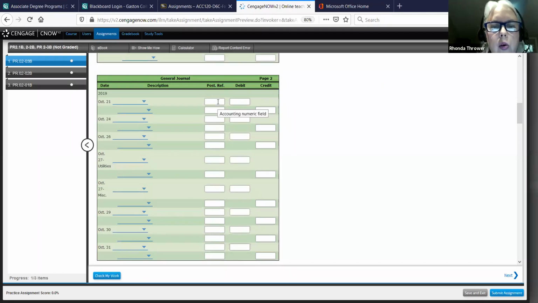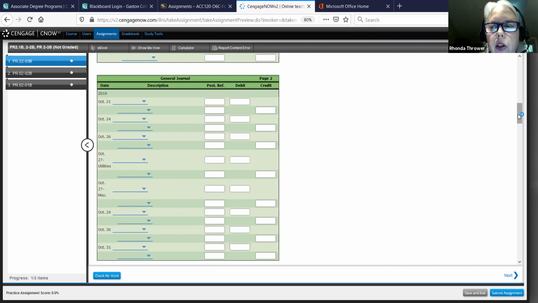So there's a specific way that you record journal entries. You might also notice on the journal, the first book of original transactions, that we have a place to record debits and a place to record credits.